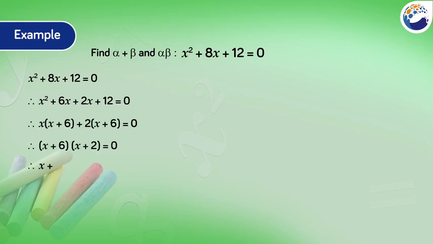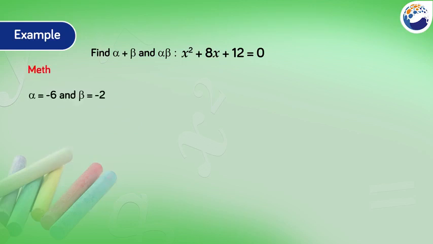Therefore, x plus 6 is equal to 0 or x plus 2 is equal to 0, which implies x is equal to minus 6 or x is equal to minus 2. Therefore, alpha is equal to minus 6 and beta is equal to minus 2.